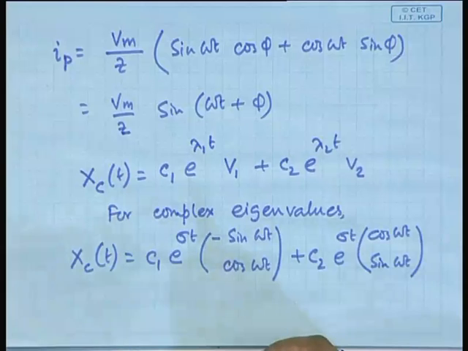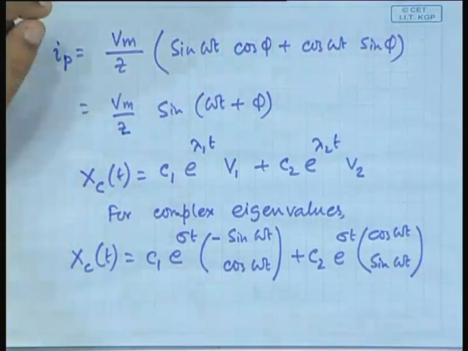It will not be clear unless you do problems, which I will give, and you will have to do in the tutorial class. But conceptually it should be clear that the unforced system's solution, its eigenvalues and eigenvectors should give the transient response, and the steady state response will be given by that.